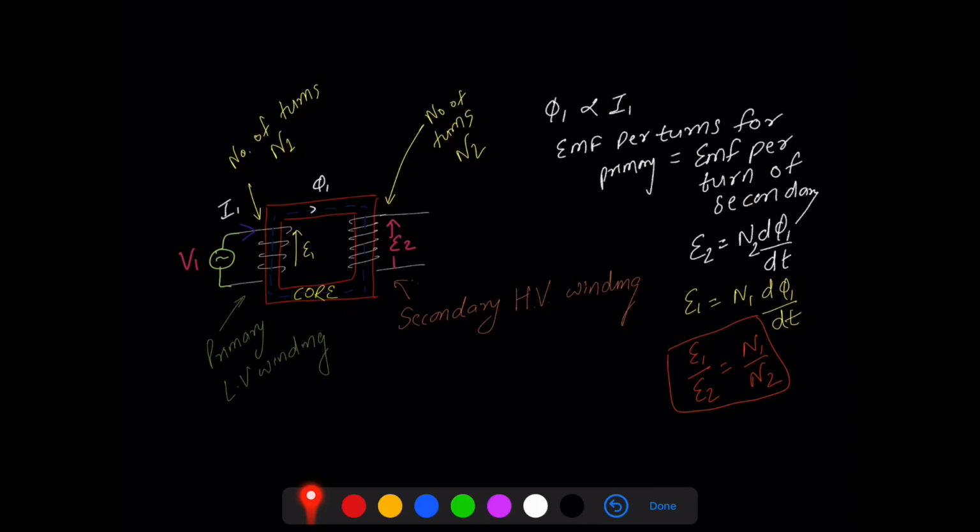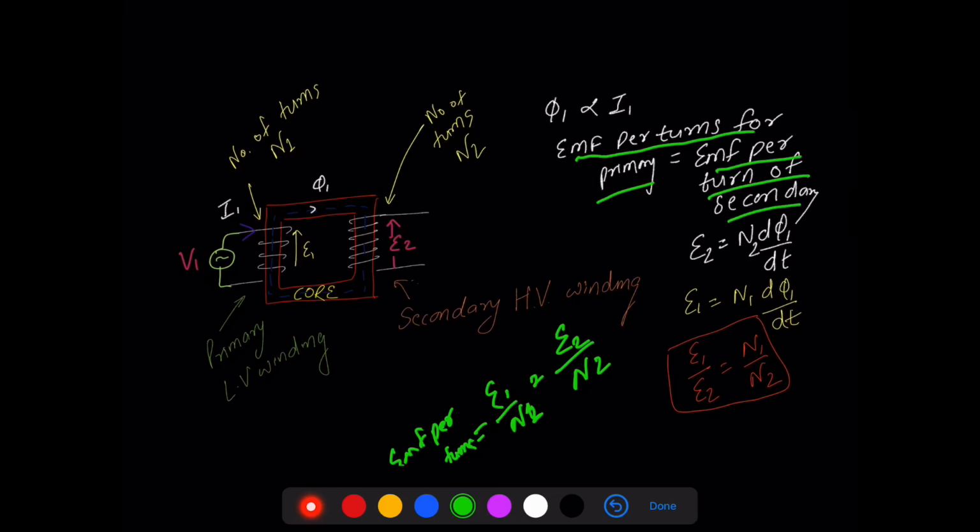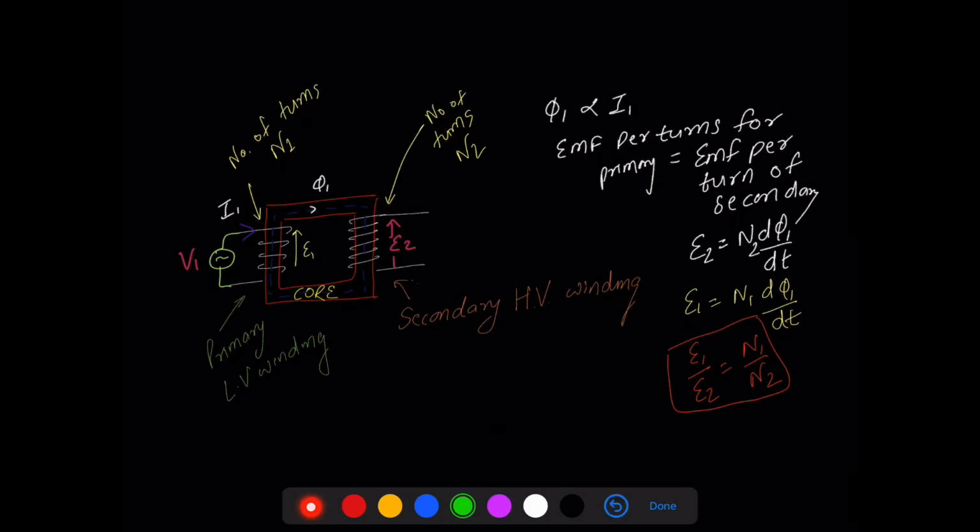So E1 by N1 is equal to E2 by N2, which is the EMF per turn. The EMF per turn for the primary is equal to the EMF per turn of the secondary, and hence the classic equation can be derived, which comes out to be E1 by E2 is equal to N1 by N2.